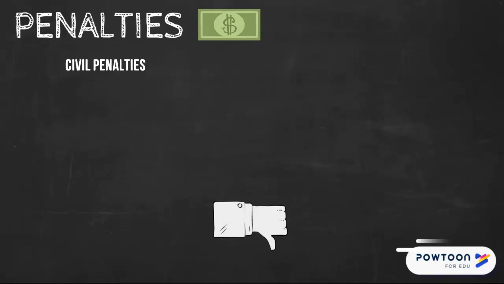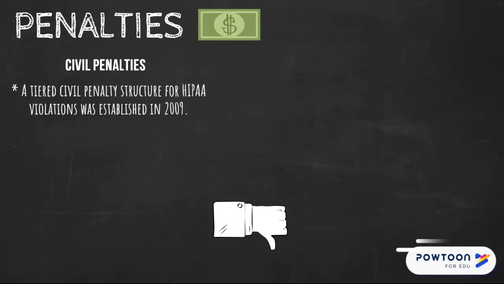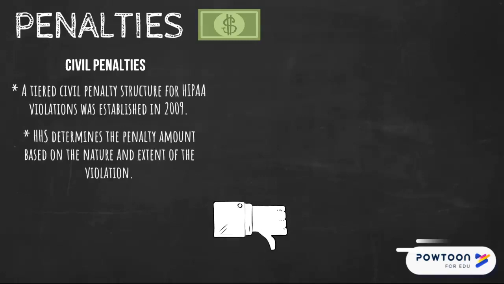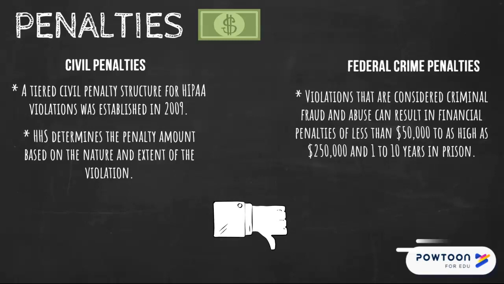So, as you can imagine, there are penalties that come with not releasing this correctly, and there are two major types of penalties. There are civil penalties, which tend to be on a tiered or pyramid structure for HIPAA violations, and that tiered structure was established way back in 2009, so 11 years ago already.